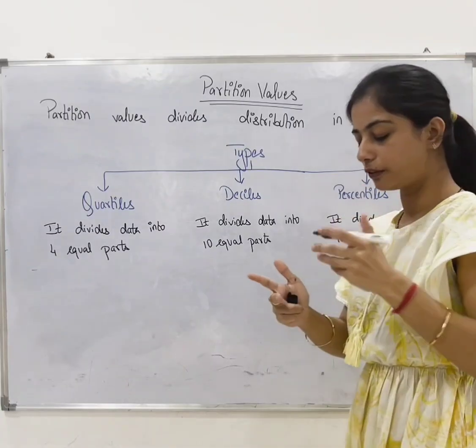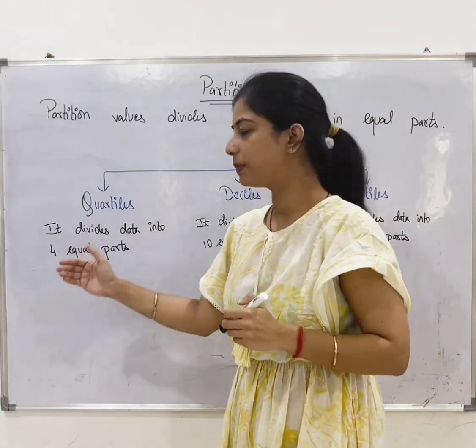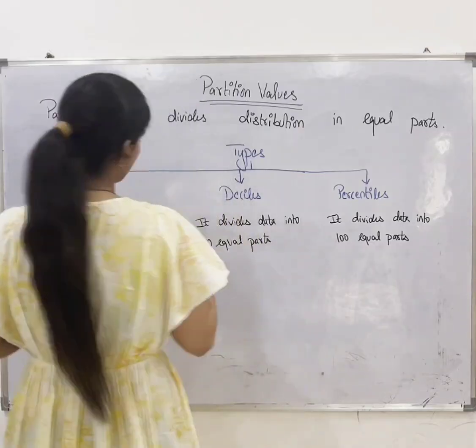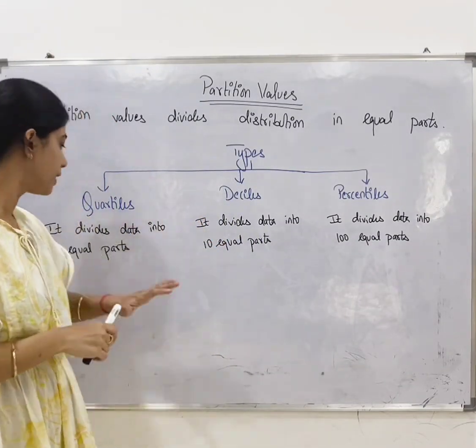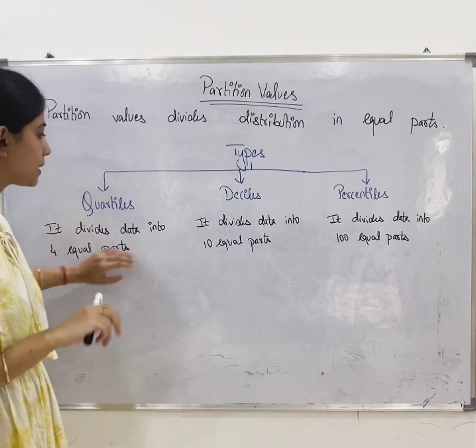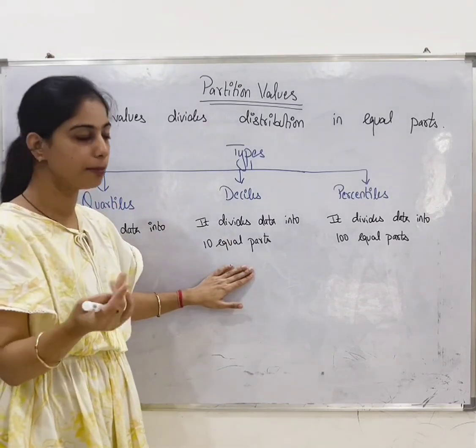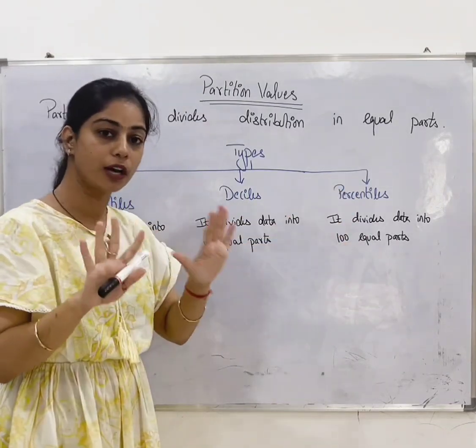So these are the different kinds of divisions which we will be seeing in each one of them. The way median divides the data into two parts, in a similar way, quartiles divide into four parts, deciles divide into 10 equal parts, and percentiles divide into 100 equal parts.